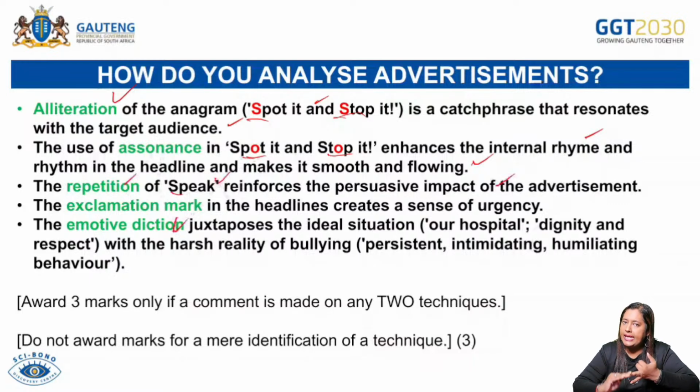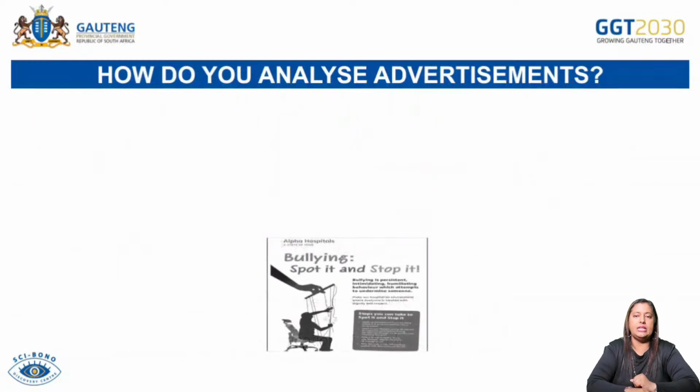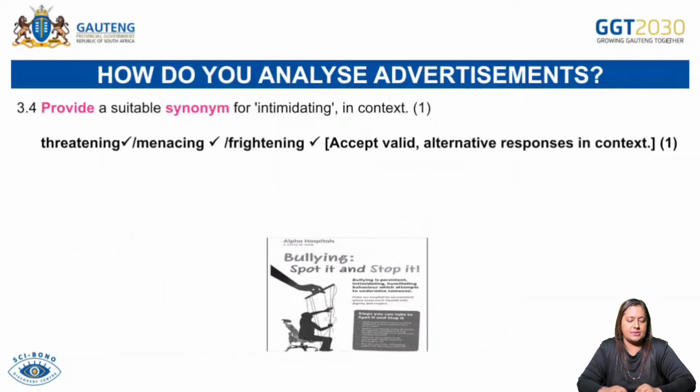It's an intimidatory technique to shy away from what you also cannot do in life. So if that particular bully is having a shortfall in a particular part of his or her life, they would then bully the so-called weaker one, and then they would get success or be happy if they get success from that. Okay, so that is 3 marks only if the comment is given and substantiated.